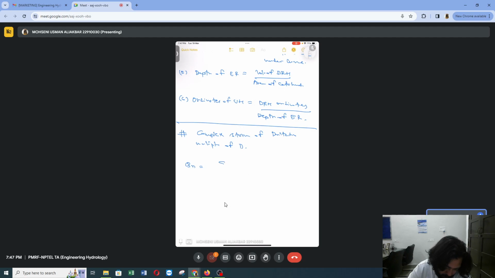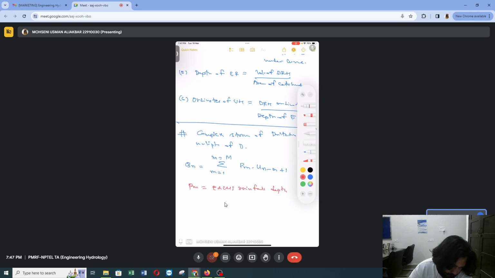where PM is the excess rainfall depth, Qn is the DRH ordinates, and U is the unit hydrograph ordinates that are to be found.